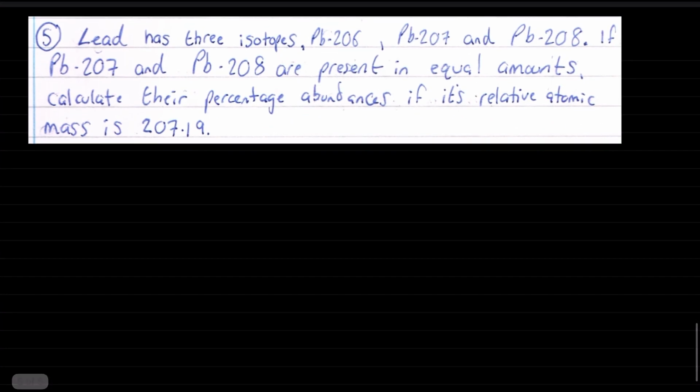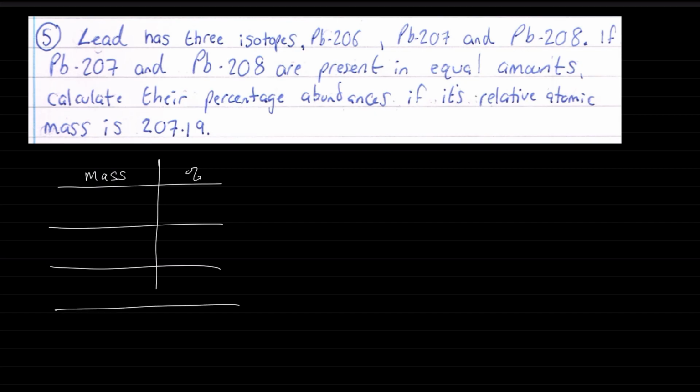This is the last question. Lead has 3 isotopes, Pb206, Pb207, Pb208. If Pb207 and Pb208 are present in equal amounts, calculate the percentage abundance if its relative atomic mass is 207.19. Now, no table has been given to us, so let's construct our table. We have mass, we also have percentage. We have 3 isotopes, so let's make enough rows here.